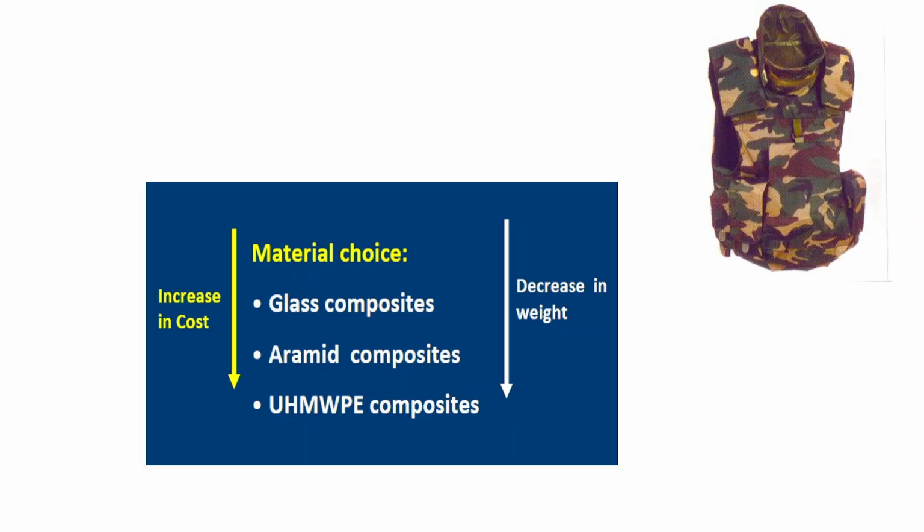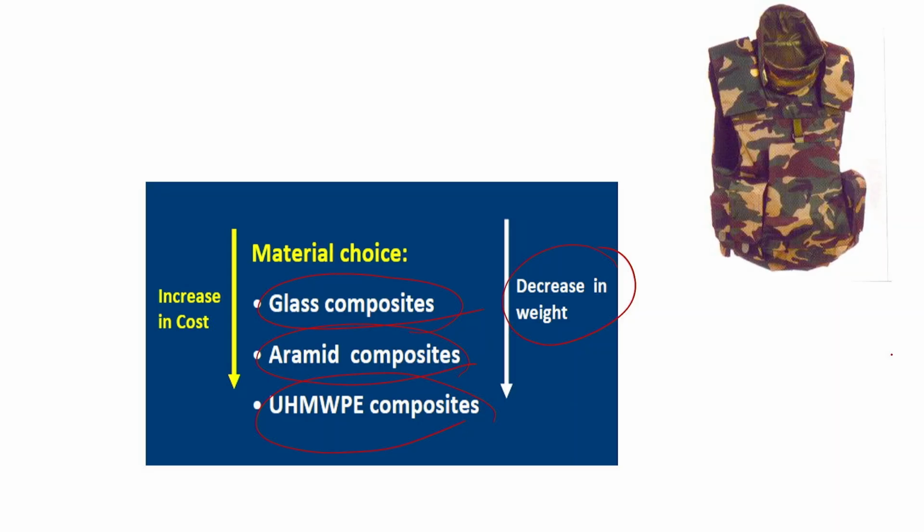Now, what are the different types of material choices? We have to decrease the weight, that is for sure. Initially glass composite was used, then aramid composites were used. Aramid has got higher density than the ultra high molecular weight polyethylene composites like Dyneema, Spectra.